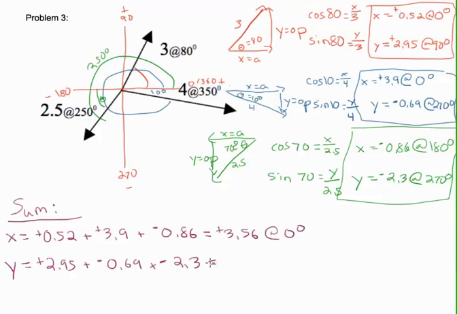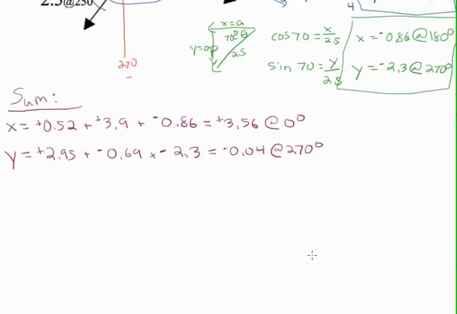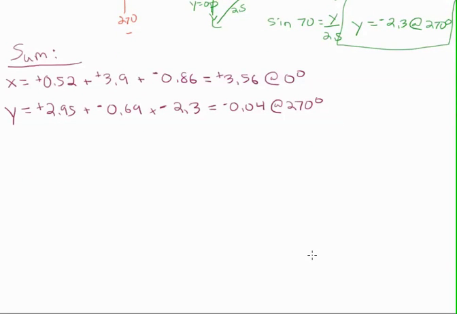I'm going to scroll down to get a little bit more space. So we can draw these now. Our x is 0, so it goes this direction. 3.56. And our y is tiny, but I'm going to make it a little bit bigger so that we can see our numbers and such a little bit easier. And that will be our theta.